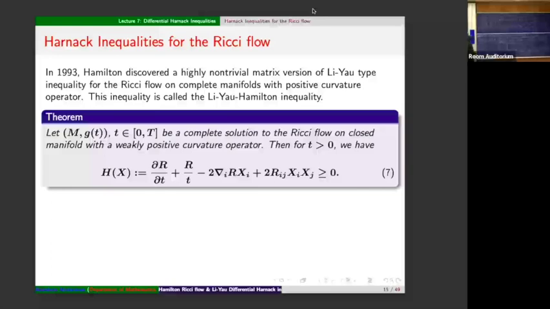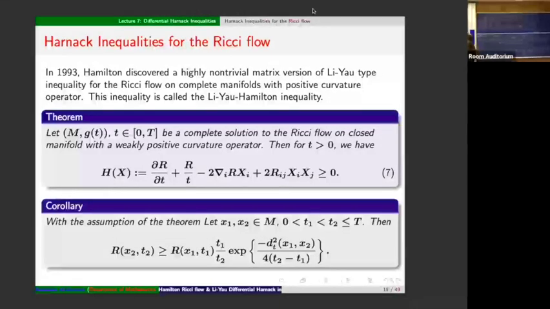Then for t greater than or equal to 0, we have this. And just like Li-Yau, we can prove the classical Harnack inequality.